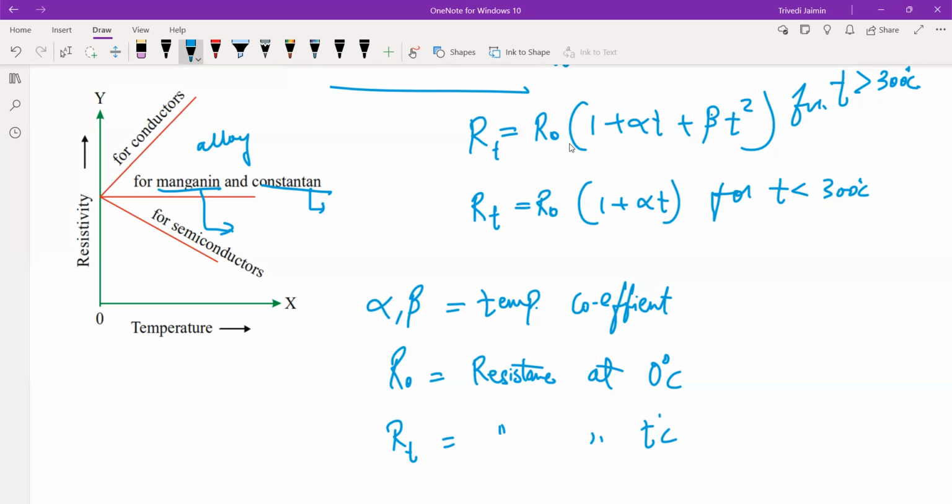In this, copper is somewhat 84%, manganese will be 12%, and nickel is fixed, about 4%. And constantan, by name itself, copper will be 60% and nickel the remaining 40%.